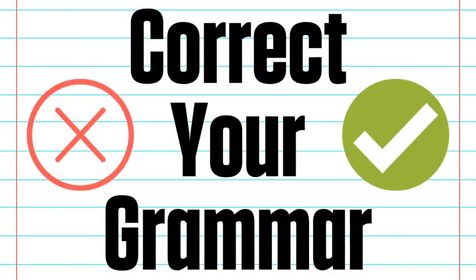And today it's a grammar lesson. There's a lot of different grammar that we're going to talk about in today's lesson, because it is all about correcting your grammar mistakes. And this is, I think, very important, especially in writing.